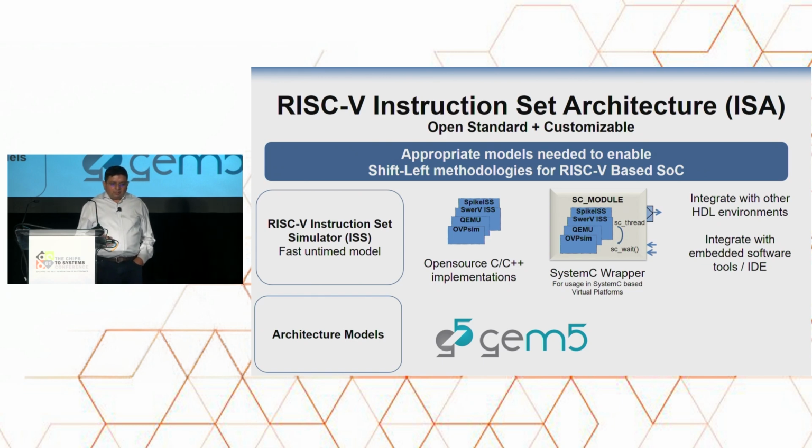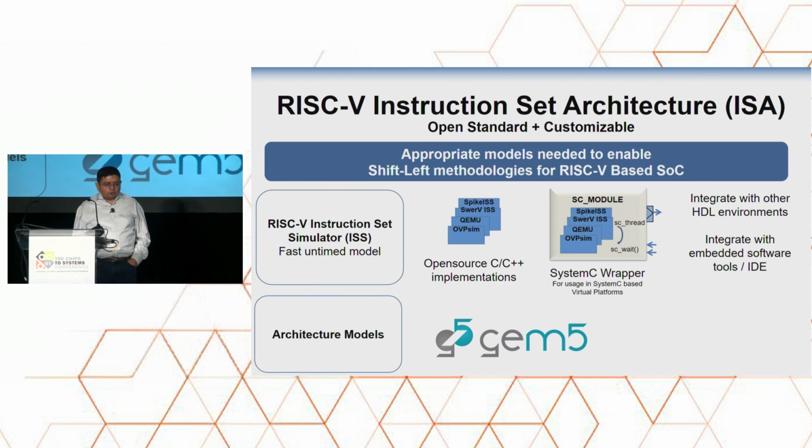The appropriate models for RISC-V have to be created at different abstraction levels. If we see other CPU models like ARM, there is already a very robust modeling ecosystem available. A similar robust modeling ecosystem will be required for RISC-V as well for its successful adoption in various kinds of applications.